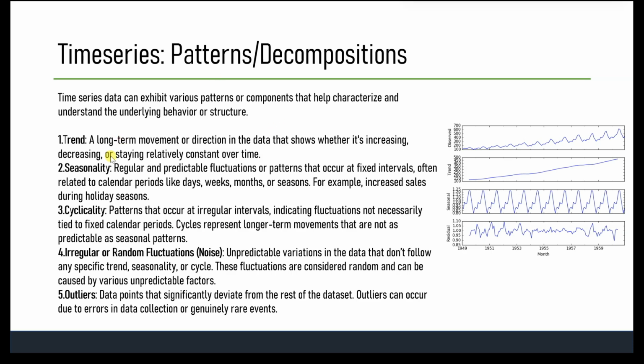Next we have seasonality, also called regular cycles. Seasonality exhibits a repeated pattern at a fixed interval. So this repeated pattern that you see is seasonality. It is often related to calendar periods like daily, weekly, monthly or quarterly patterns. For example, the sale of ice cream will be higher during the summer and lower in the winter.